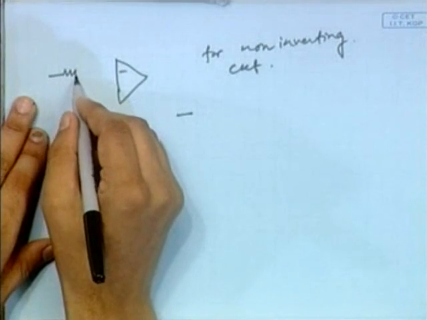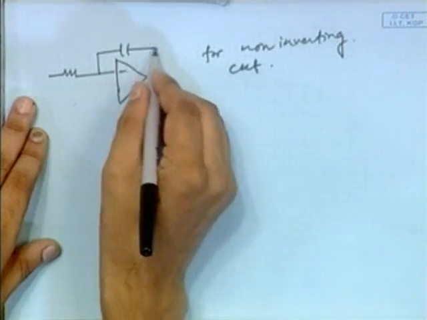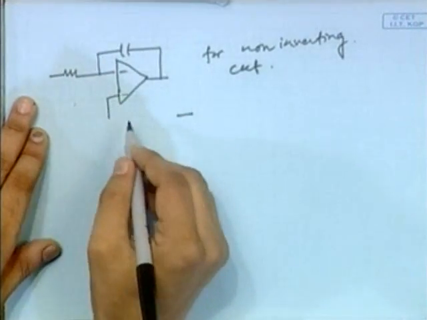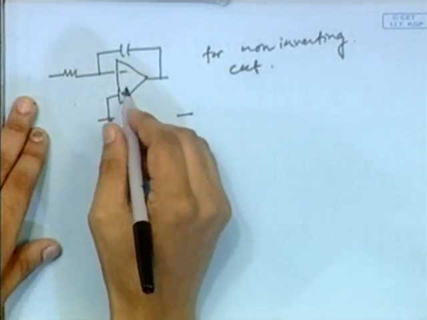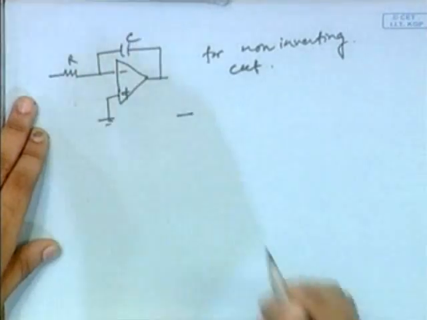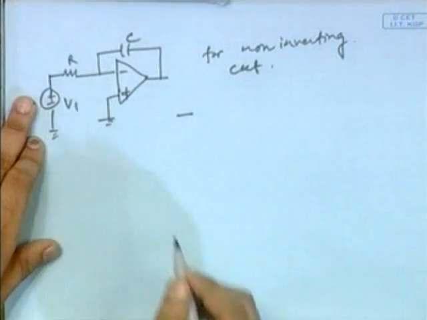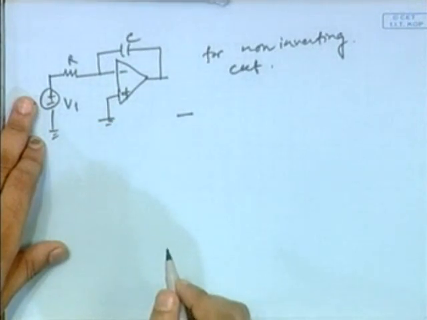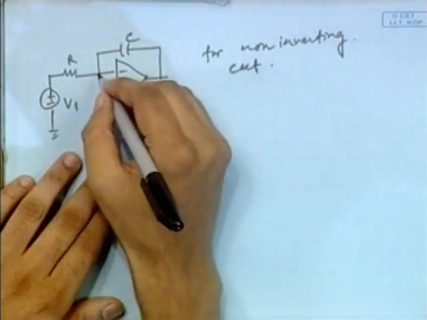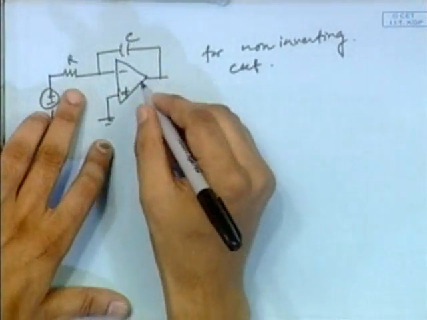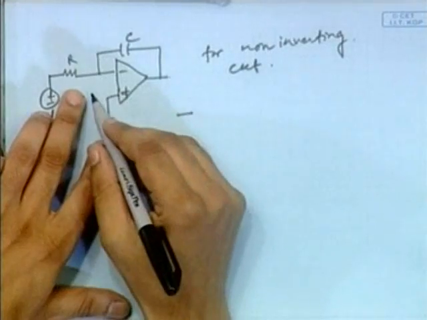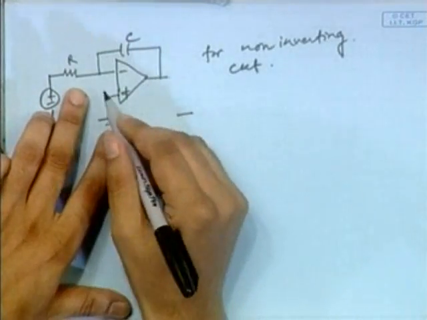for example, we have an integrator, R C, V1. Now this is inverting integrator, this one. The result will be an inverting voltage.